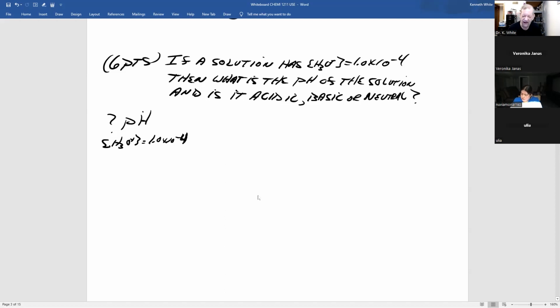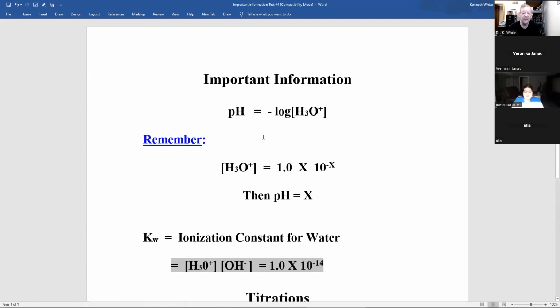And if you look at important information, test number 4, you'll see pH equals minus the log of the hydronium ion concentration. And Dr. White's being real nice. Remember, if the hydronium ion concentration is 1.0 times 10 to the minus x, then the pH is x. So let's go back and look at our problem.